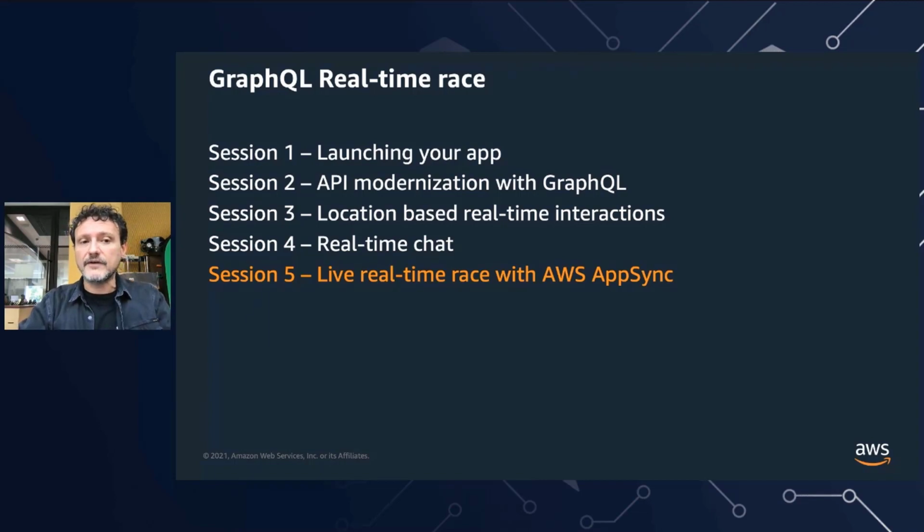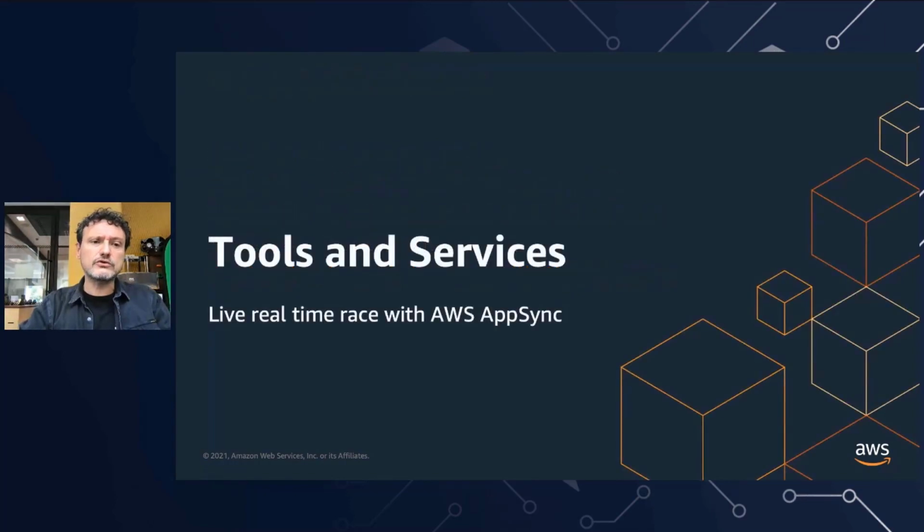And then in session number 4, we created a real-time chat, so people could chat about specific events in our race application. Now it's time again to build the feature about providing real-time updates for the real race event or session during a weekend of race. So let's jump into the tools and services we're going to use to build this use case.